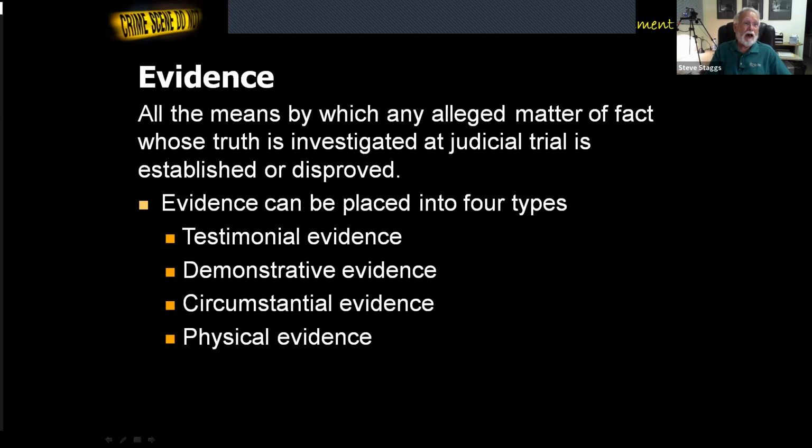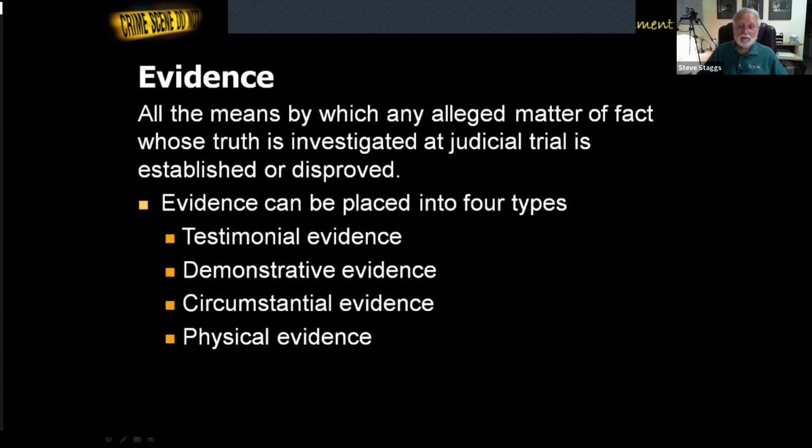This can put items of physical evidence into perspective. The relevancy of circumstantial evidence is based primarily on logic, reasonableness, good sense, and good judgment. But defense attorneys often will say to the jury in closing, it's all circumstantial evidence. Okay, people get convicted on circumstantial evidence because it can be overwhelming.